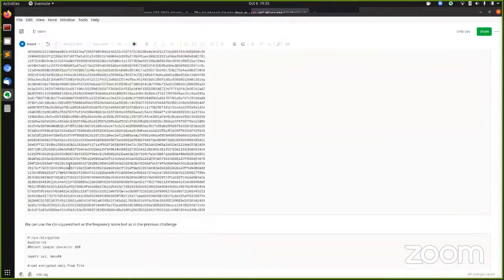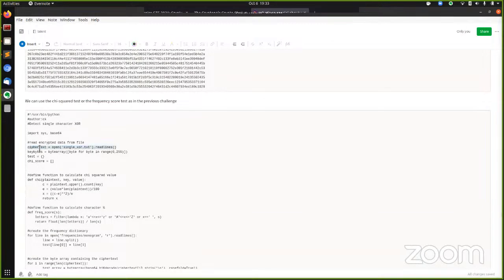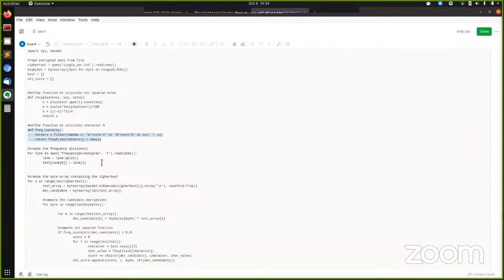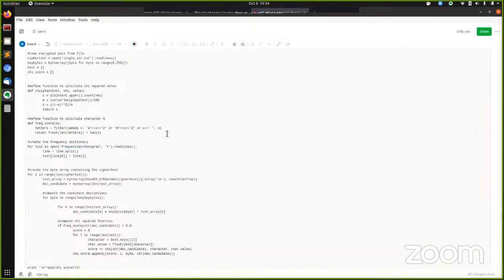So we can even go through the code. Again, we read the data. After we read the data, we have the function to calculate the chi score, and a function to do our frequency score. Again, we have our file that has the expected frequencies of normal plain text in the English language.